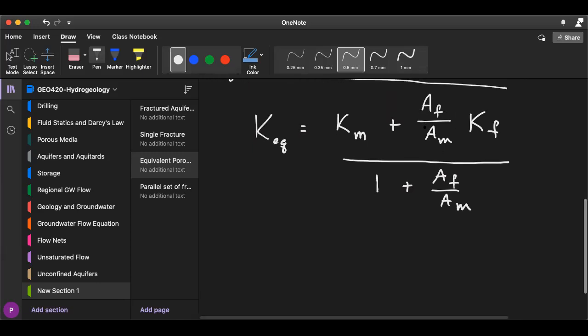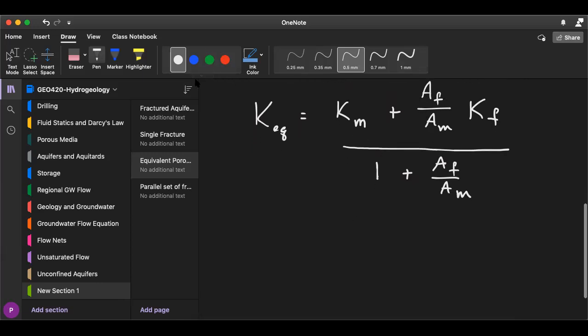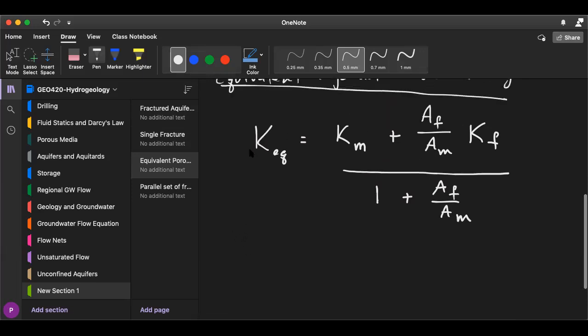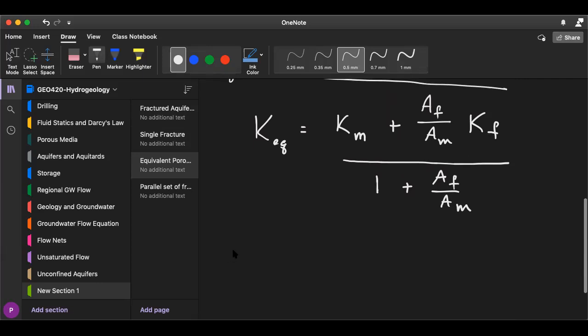Let's pull apart AF and AM really quick and see whether we can simplify. So this is our first equation. We've got these matrix blocks, right?